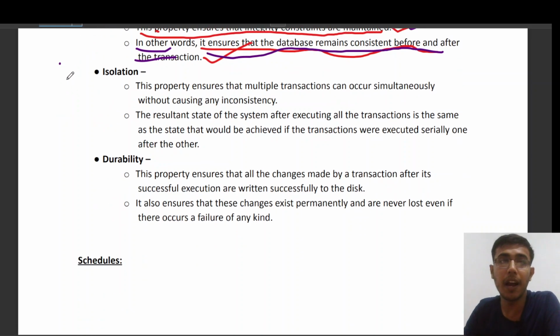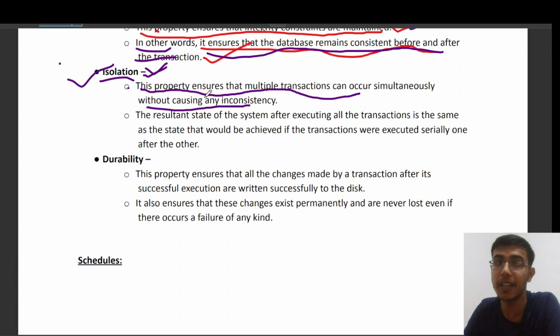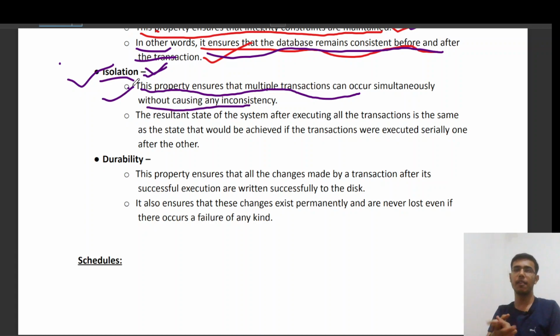Now the third one is isolation. Isolation is a very important thing that we need to discuss. What is isolation? The property ensures that multiple transactions can occur simultaneously without causing any inconsistency.